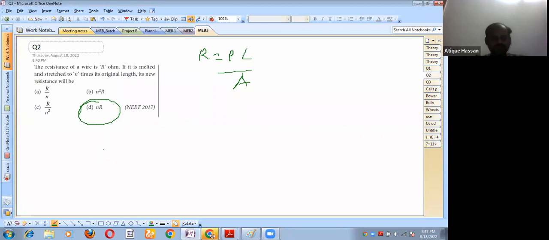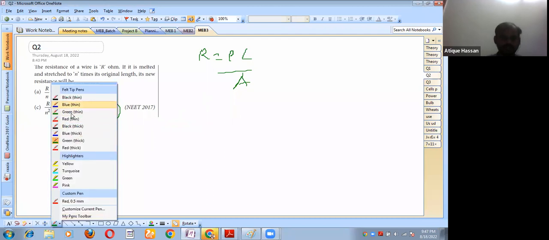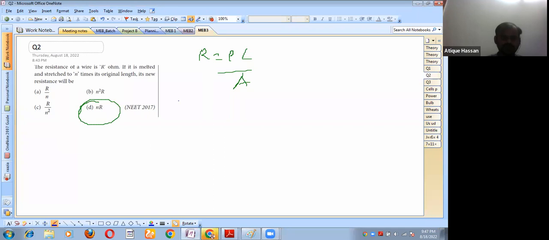So, what is said in the question? Let us see. It says that the resistance of a wire, suppose we have a wire and its resistance is R, is melted and stretched to n times its original length.